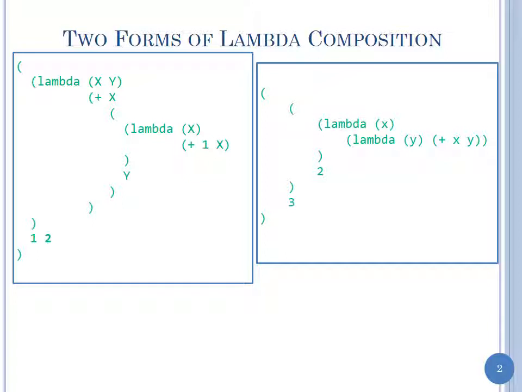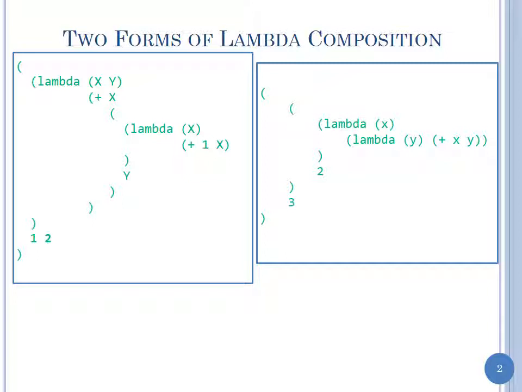There's two kinds of lambdas. What is the relationship between the two lambdas in the left-hand side and the relationship between the two lambdas on the right-hand side? In both cases, the inner lambda is being defined by the outer lambda. Right? It appears in the body of the outer lambda. What's the left one doing with the inner lambda?